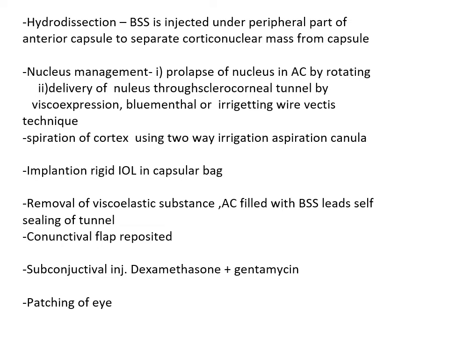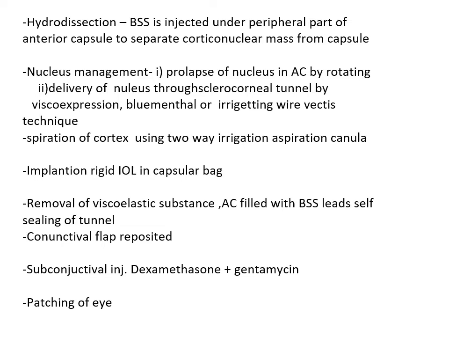In nucleus management, first the nucleus is prolapsed into the AC by rotating. Then it is delivered by various techniques through the sclerocorneal tunnel. The techniques used are viscoexpression, that is, the pressure of the viscoelastic injected into the anterior chamber delivers the nucleus.